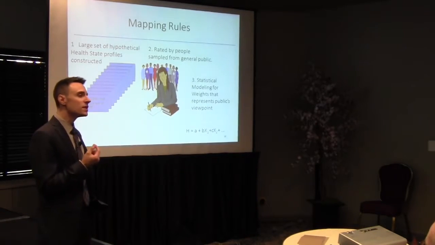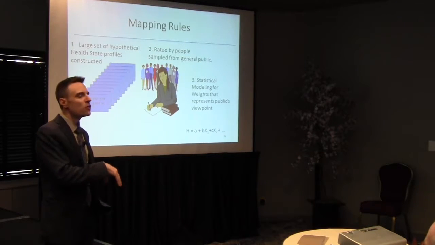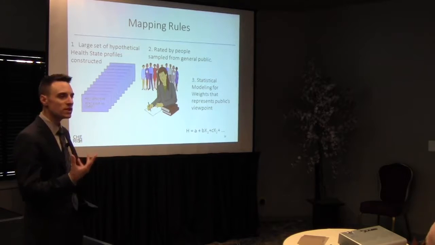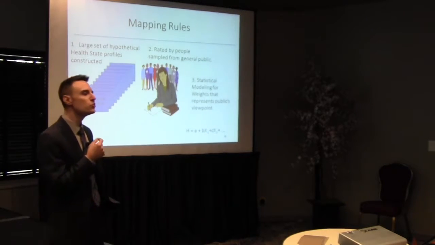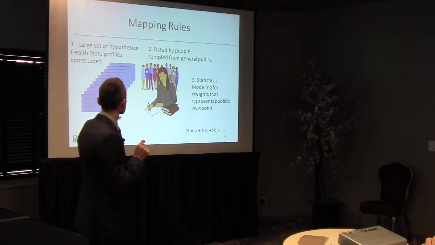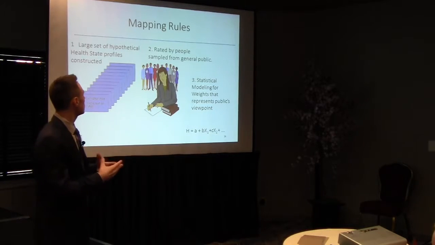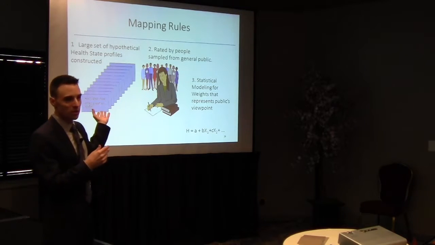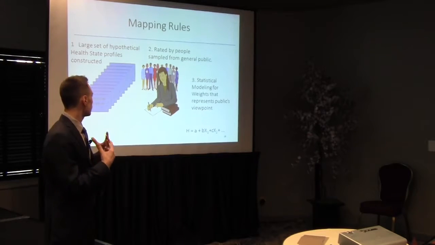Okay, so the next thing that we need to do is take those health states and map them to an index value, right? To that health utility value so that we can use it in quality adjusted life years. So we take this large set of hypothetical health states, right? We explain them to people and we give them to the general public, as we discussed a little bit ago, right? To get that societal value.